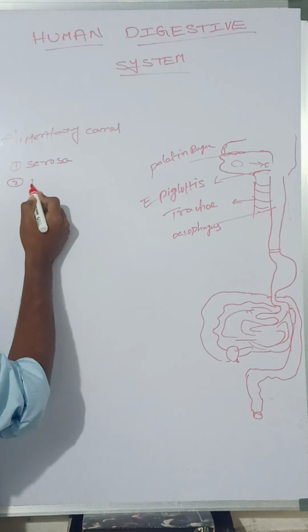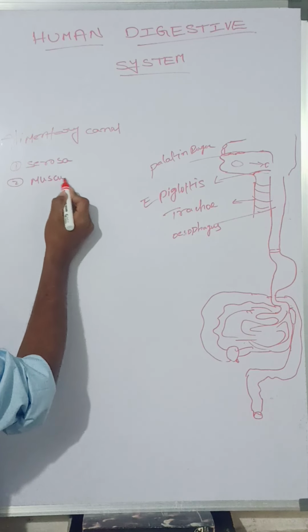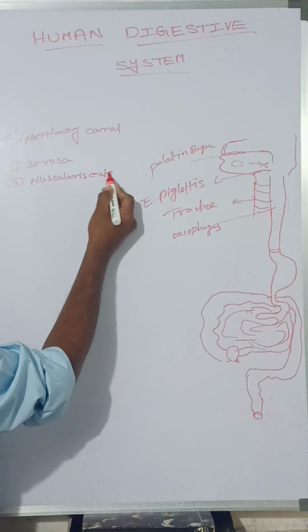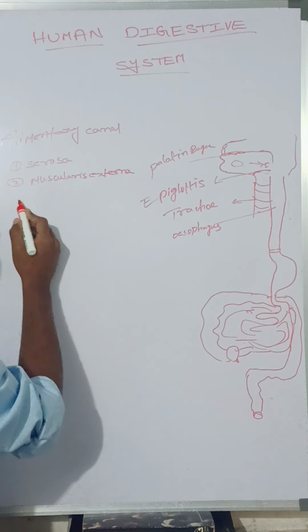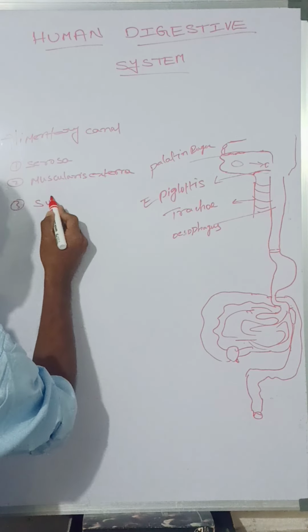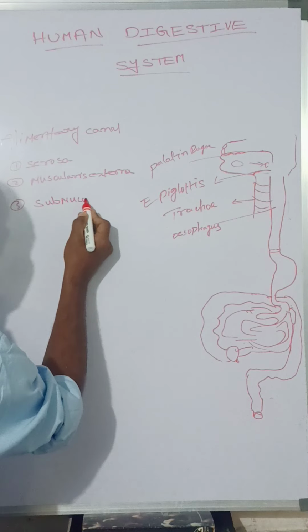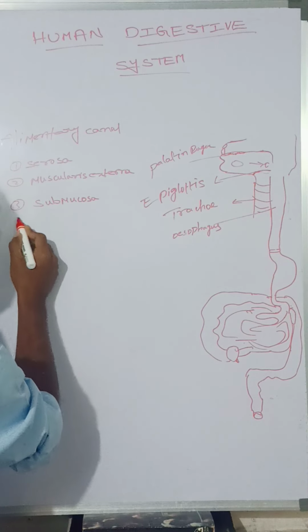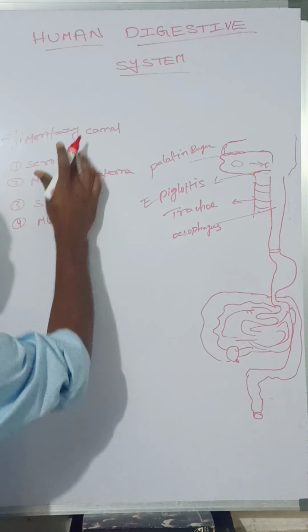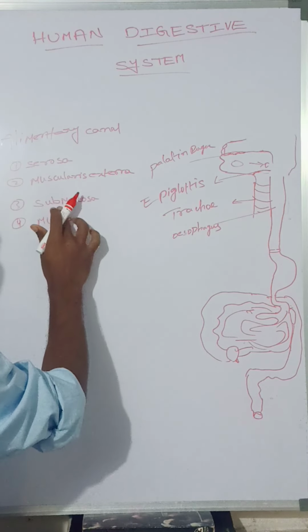Second one is muscularis externa. Third one is submucosa. Fourth one is mucosa. Serosa, muscularis externa, submucosa, and mucosa.